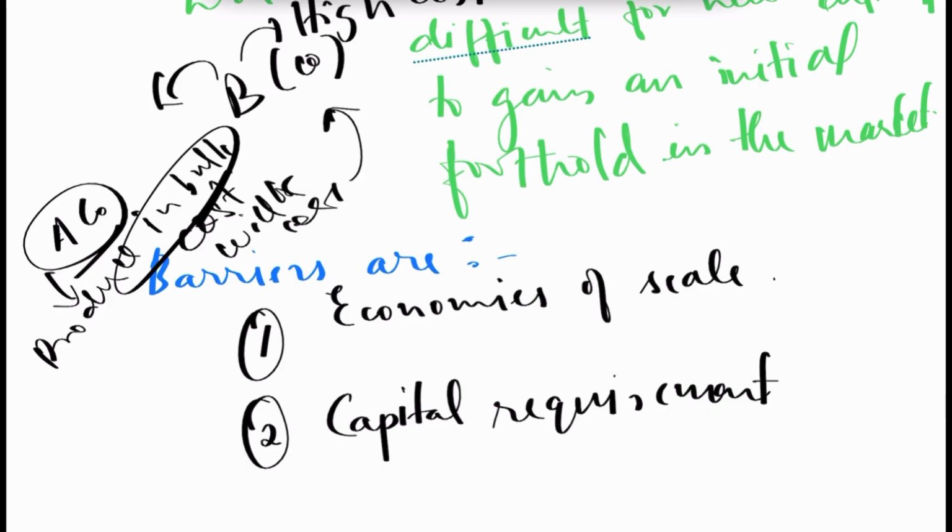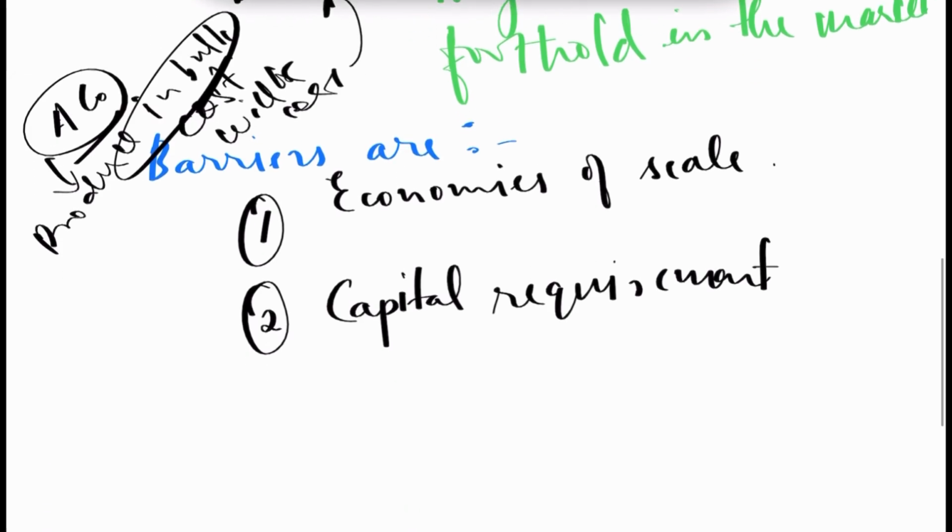But B company is not able to produce in bulk because they do not have enough capital to raise. Also they are new to the industry, so they won't be able to take the debt also. So some industries need heavy initial investment, so without that they can't enter into that industry.